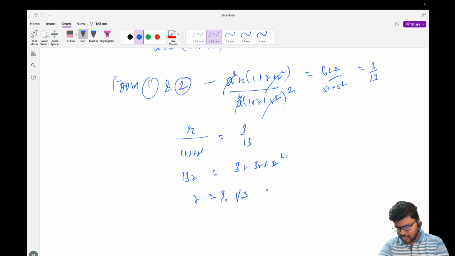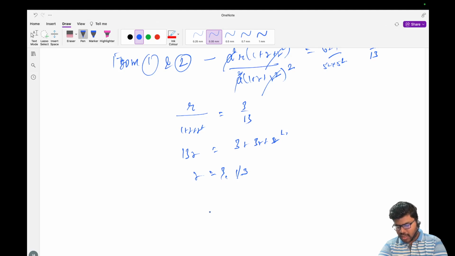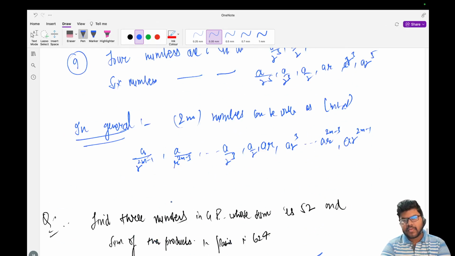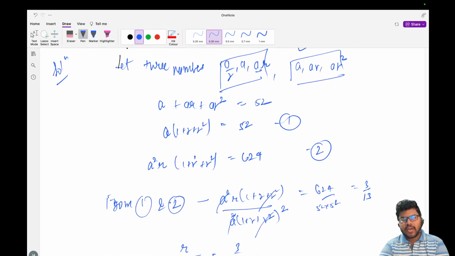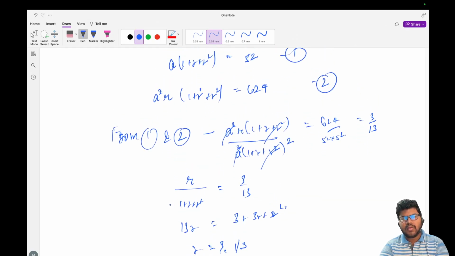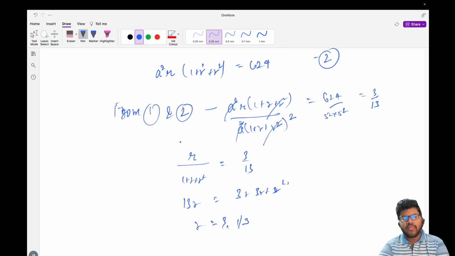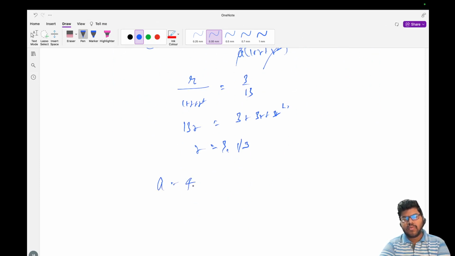So r की वैल्यू निकल गई। अब फर्स्ट इक्वेशन क्या थी अपनी, फर्स्ट इक्वेशन पे आओ, तो यहाँ पे r पुट अप कर दो, r की वैल्यू क्या निकली, 3, राइट। जब 3 डालेंगे तो ये आएगा 1 + 3 + 9 = 13, 52/13 = 4. सो a equal to 4, है ना, when r equal to 3 and a equal to 36 when r equal to 1/3, right.